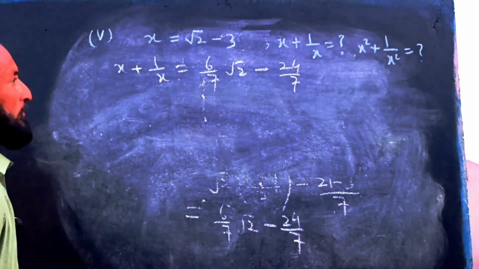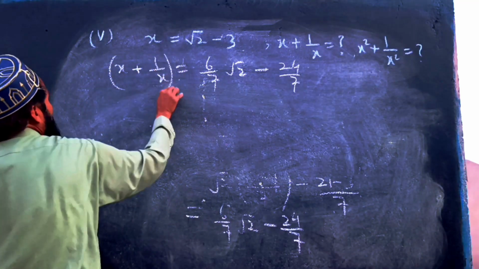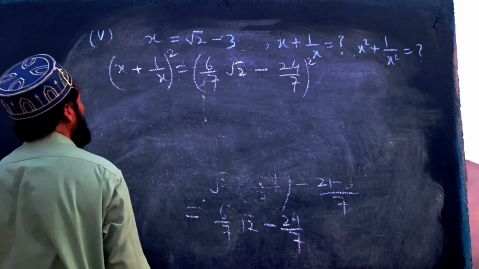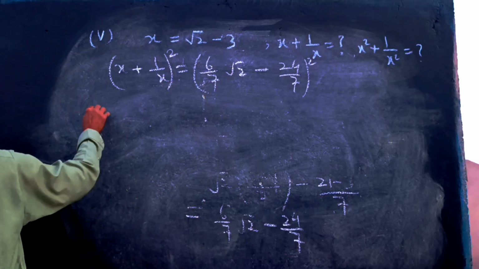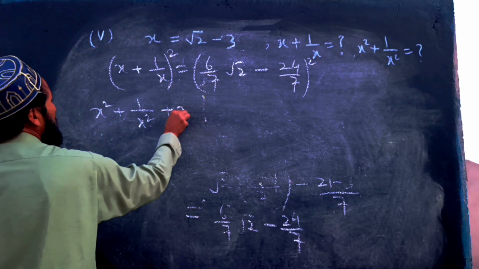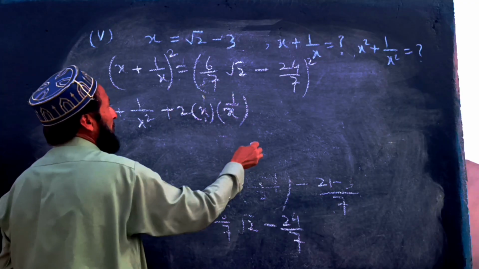Very confusing question for the students. So taking squaring on both sides of this term, because we are required x square plus 1 over x square. So this will be open x square plus 1 over x square plus 2 into x into b term is 1 by x.